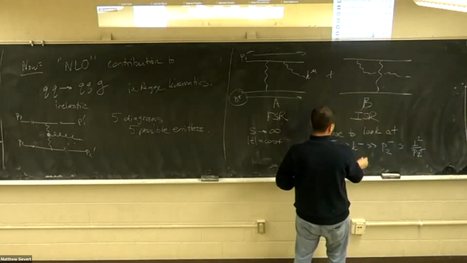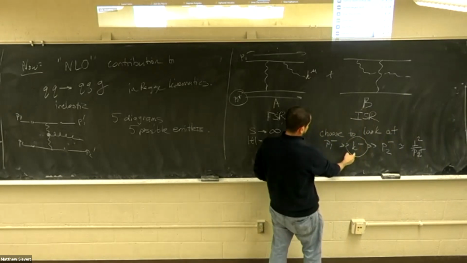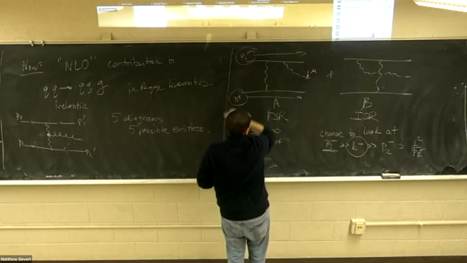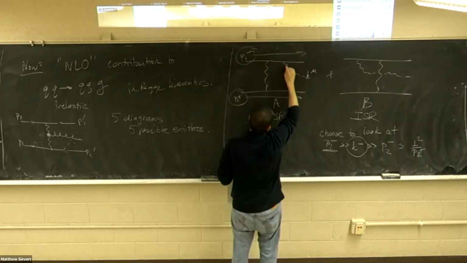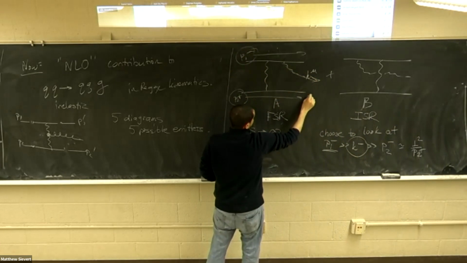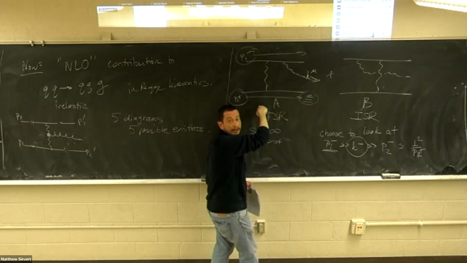So in terms of my power counting, whenever I see k minus, I'm going to assume that k minus is really small compared to the big minus momentum here. But the k minus that's coming out here is large compared to the absolutely negligible minus momentum that lives down here in this part.